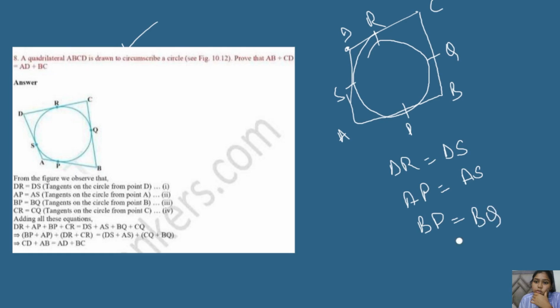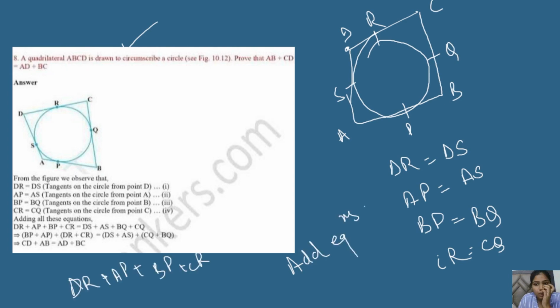Now what you have to do is add all the equations. In that case you will get DR plus AP plus BP plus CR equals DS plus AS plus BQ plus CQ. So what you will get is CD plus AB is equal to AD plus BC, and hence we have proved the question.